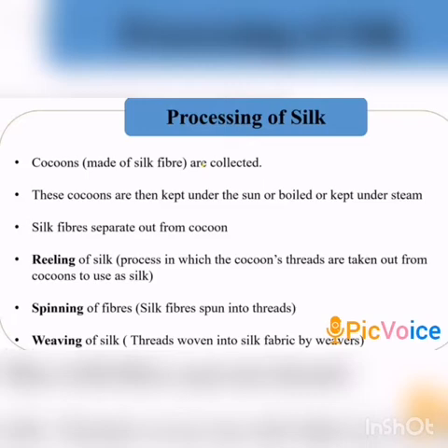What will happen if the cocoons are kept under the sun or boiled or exposed to steam? The silk fibers separate out from the cocoon. The reason for boiling, or exposure to steam, or keeping under the sun is to separate the silk fiber from the cocoon.